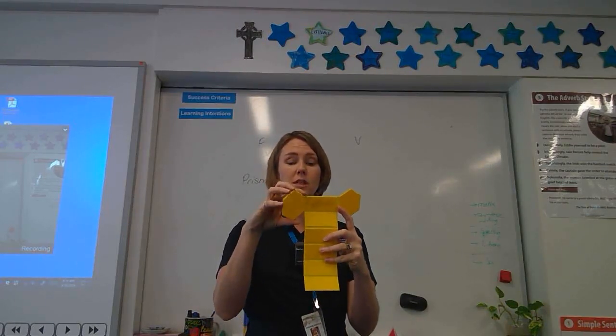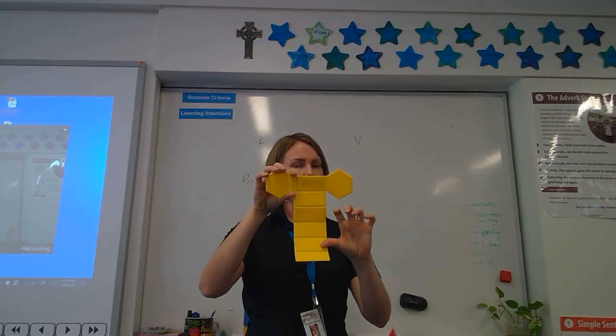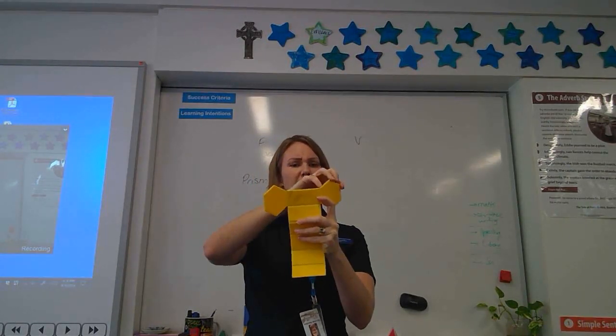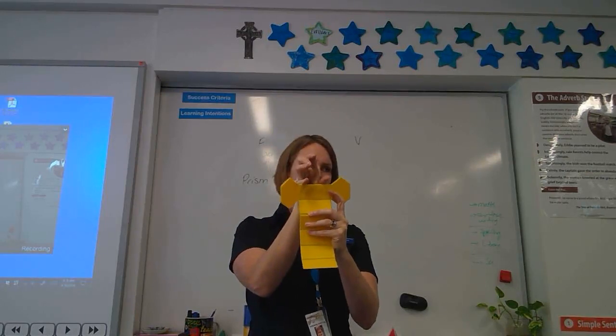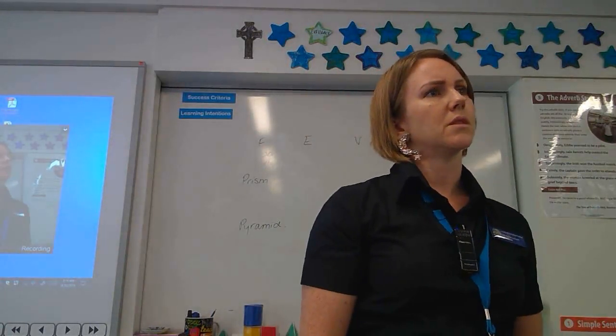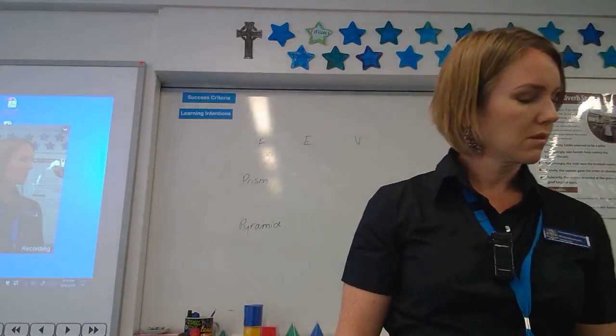Again, if I move these down both together, or if I had one there and one there, would that still work? Actually, yes, it would. If this was up here, would that work? No, because it wouldn't fold. It's a bit like tessellating, in that there needs to be no overlaps and no gaps.